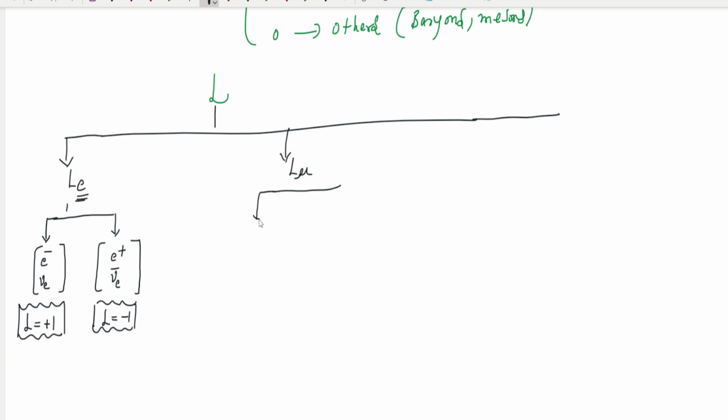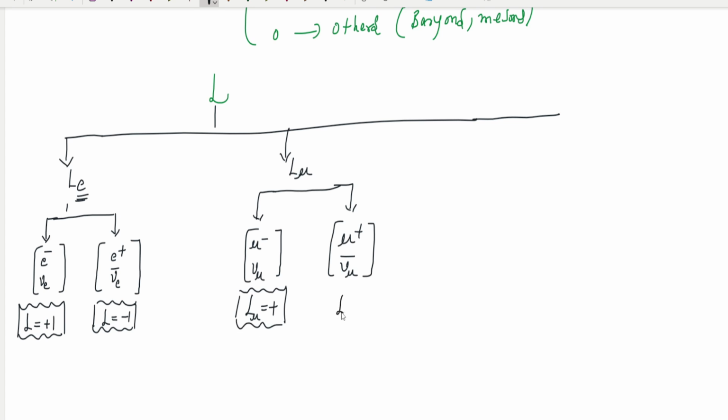One is mu minus, with neutrino nu_mu, and the other is mu plus, with nu-bar_mu. This has lepton number plus one, and this has lepton number minus one.